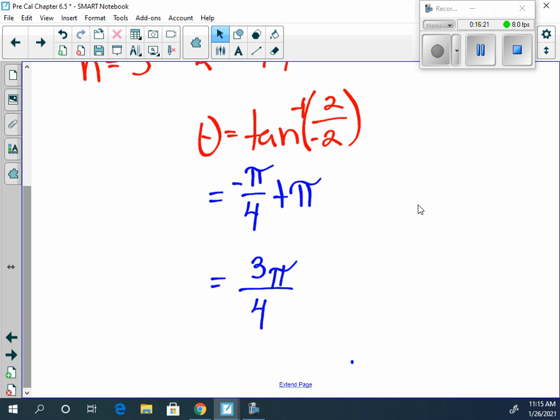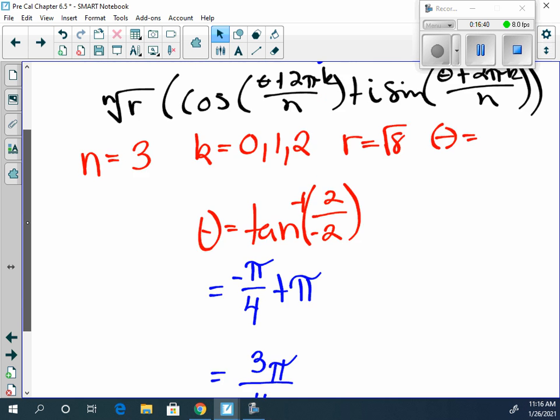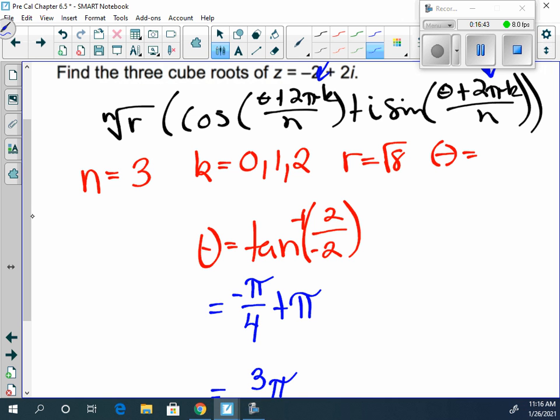Which quadrant would we leave it be? 1. If it's in quadrant 1, it's where it's supposed to be. 2 and 3, we have to add pi to whatever the angle is. And if it's in quadrant 4, we add 2 pi, so we get it back to being positive. So we get 3 pi over 4.